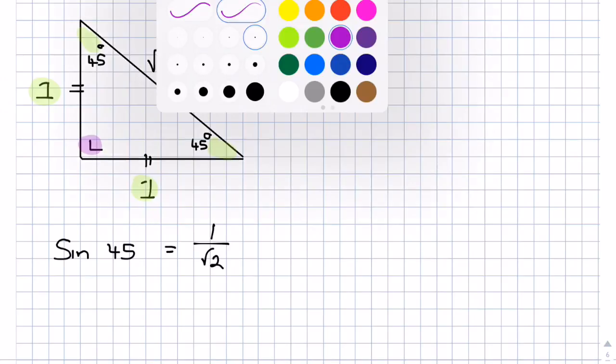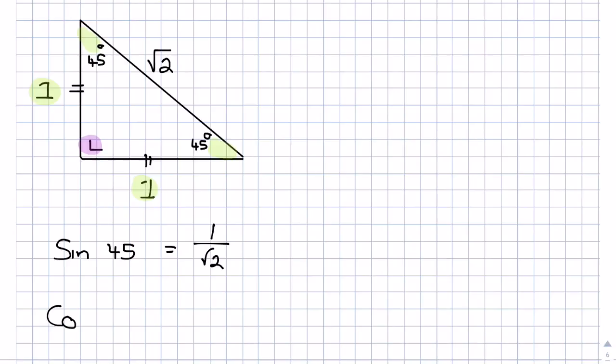Let's have a look at the cosine of 45. Cos is adjacent over hypotenuse. So if we look at this angle, this one's adjacent. This one's the hypotenuse. So it's 1 over root 2. And the same if I had gone for this 45, it would have given me the same thing.